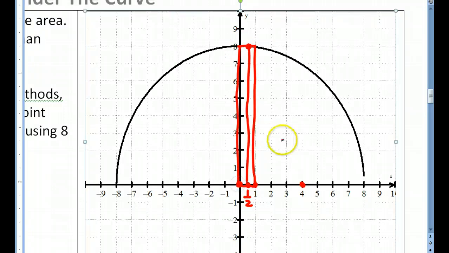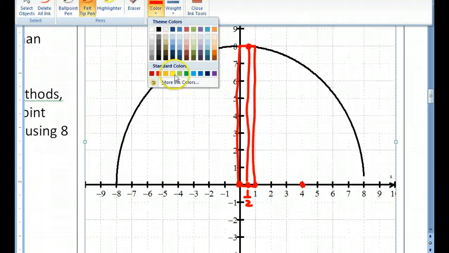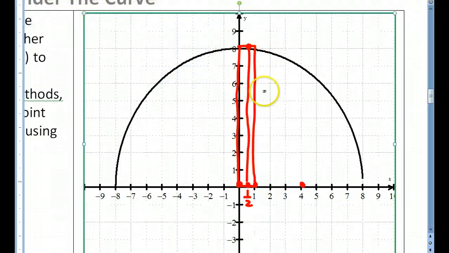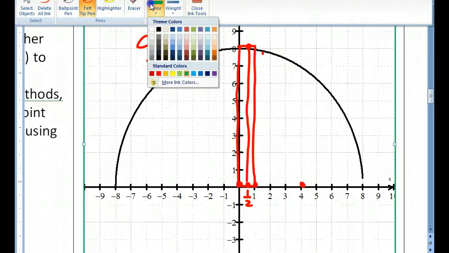So you would plug in half? Then as I go over to the right, let me change colors. The height is going to be different in each case. This next one doesn't work as well in Microsoft Word.